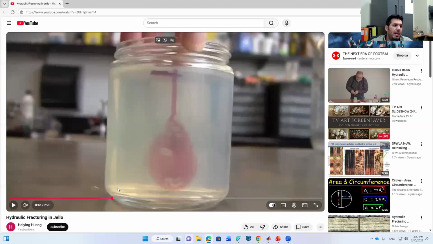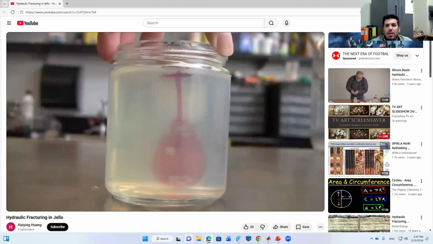Why is it longitudinal? The wellbore is like this. The fracture is like this.